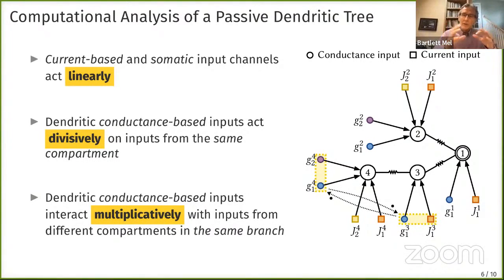The question I was asking, I'm trying to figure out what kind of level of abstraction you're working at here. I think it's essentially a mathematical model. When you're talking about compartments, you're not simulating a neuron in a more biophysical setting.